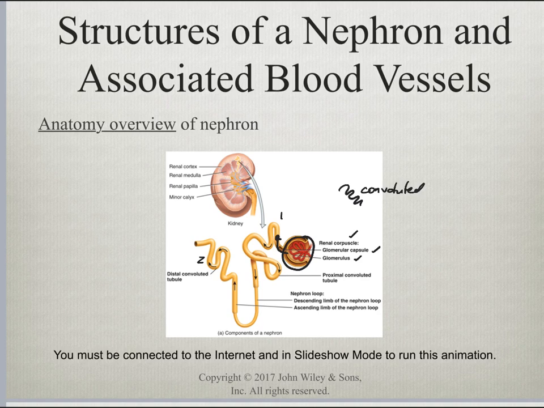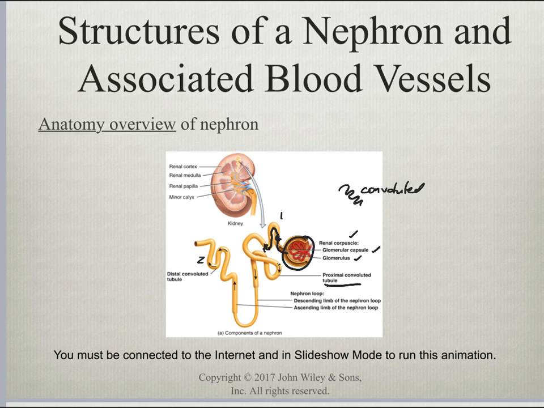Now we just name these tubules based on where they are in relation to the pole of this nephron, or the renal corpuscle. And we're going to use words like we used when we were naming bones and landmarks on our appendages, words like proximal and distal. We go to this first squiggly tubule, and it's close to the pole, close to that renal corpuscle, so we're going to call it the proximal convoluted tubule.